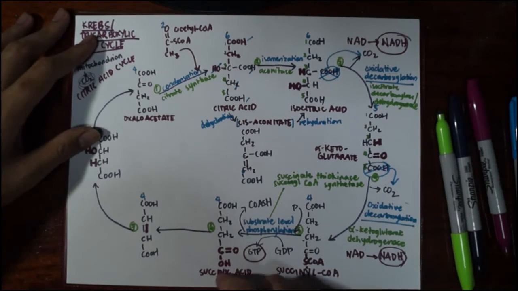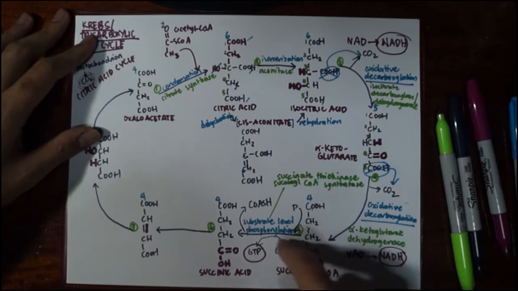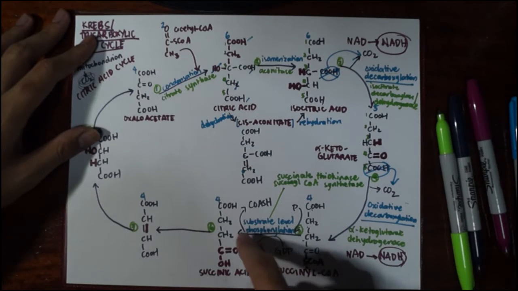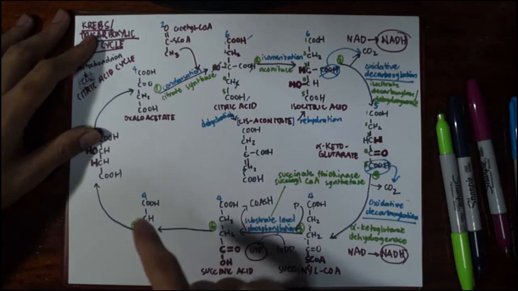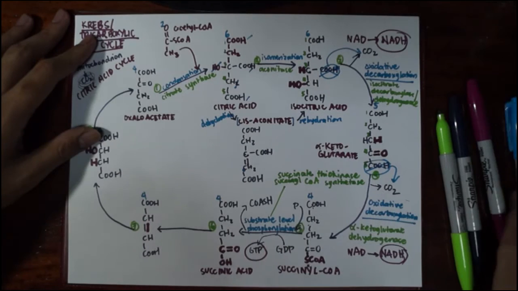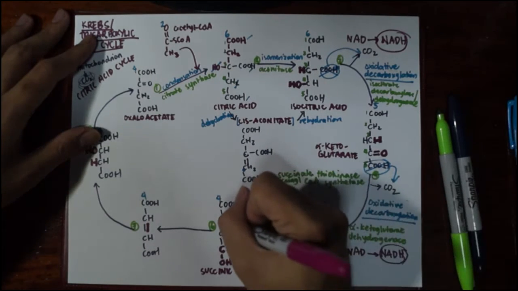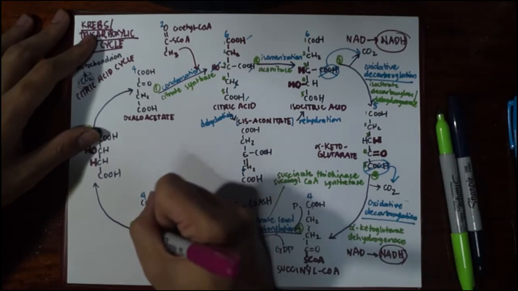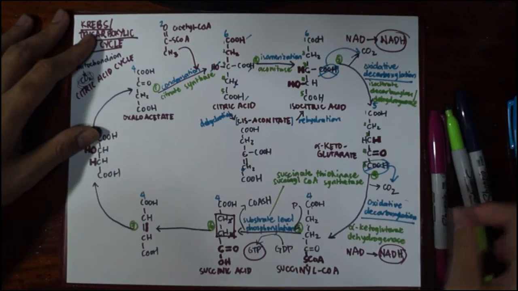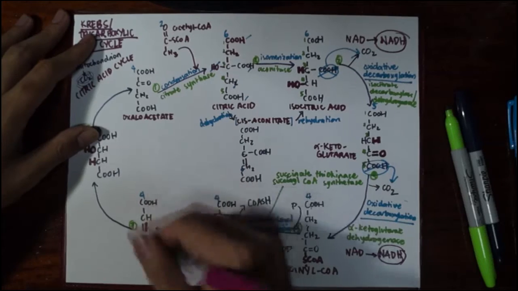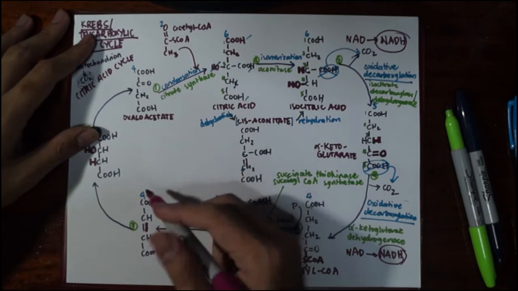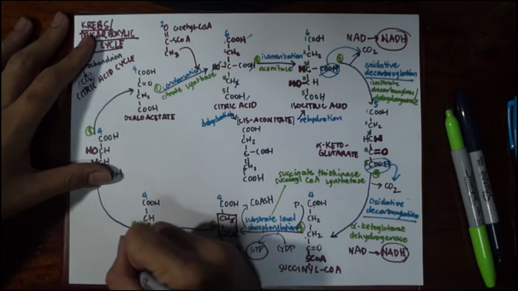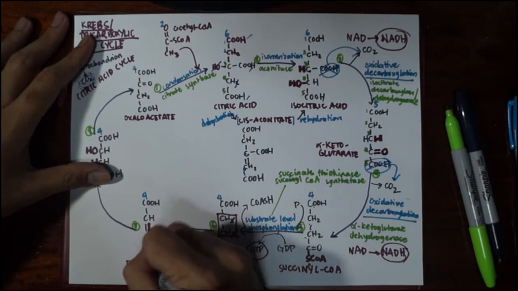In the next step, succinic acid is now transformed into its unsaturated form. So one hydrogen from each of the carbons in the middle is sacrificed for the formation of a double bond. And the name of this unsaturated dicarboxylic acid is fumarate or fumaric acid.